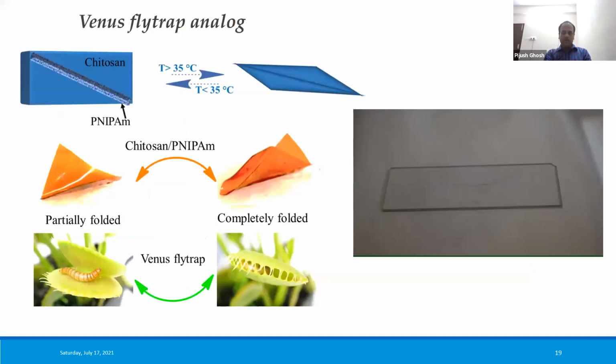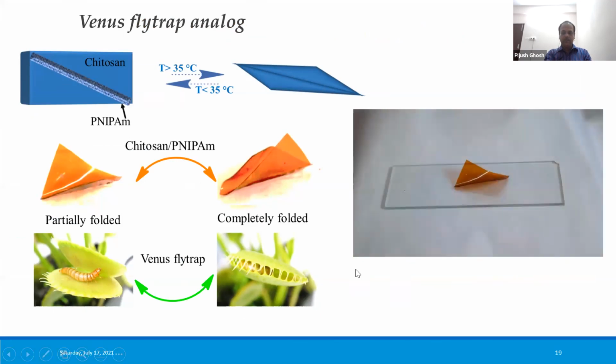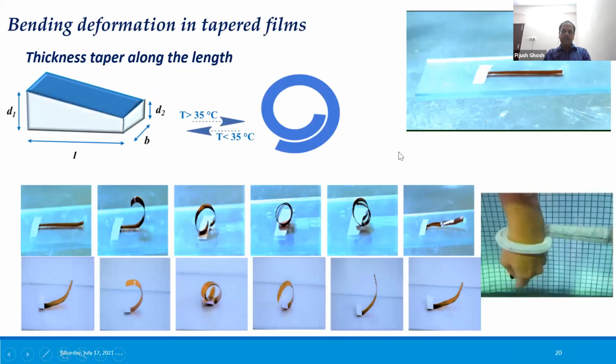Similarly, you can make a coating at a certain angle, and then you can get a specific type of folding here. And if you want a folding like this, where you have a coiling, a coil around a certain body, then what you do is you taper it along the length.